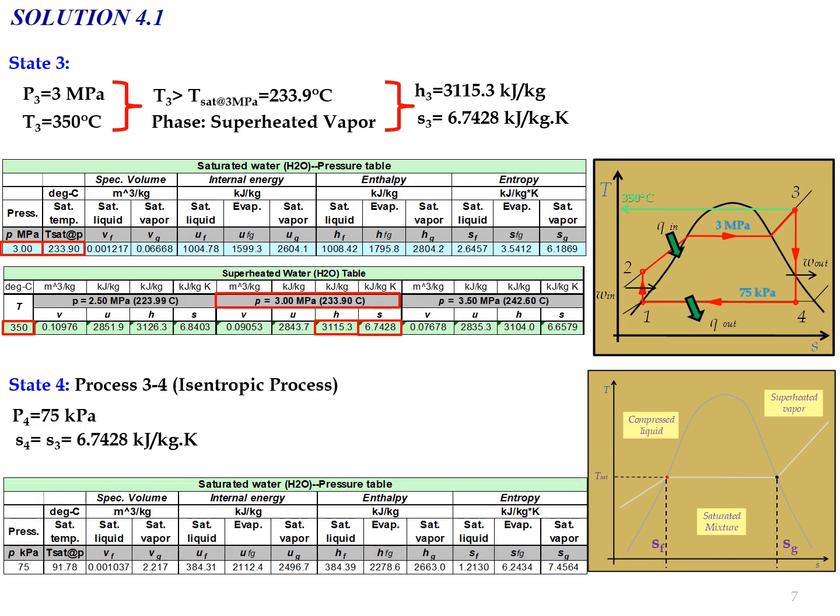In order to determine the phase for state number 4, we need to refer to the saturated water table. Previously, for state number 3, we checked the phase by referring to the pressure and temperature. Now, because we only have the pressure and the entropy value, we need to check the phase by referring to the entropy value.